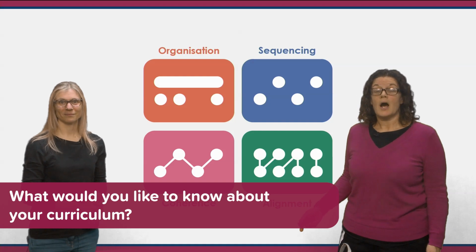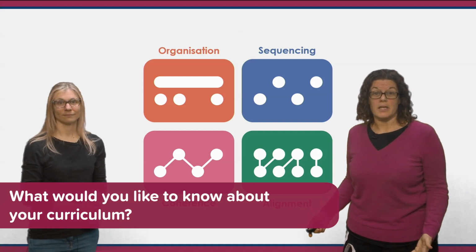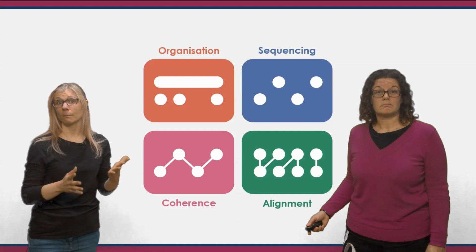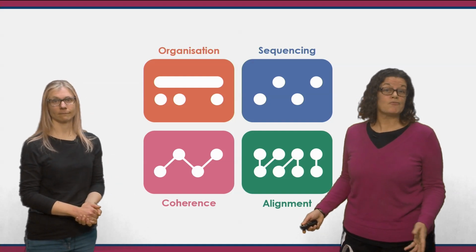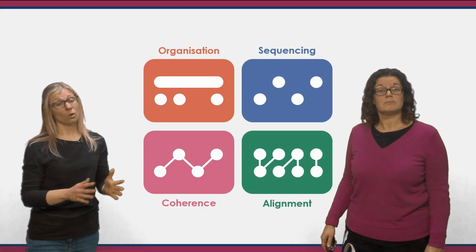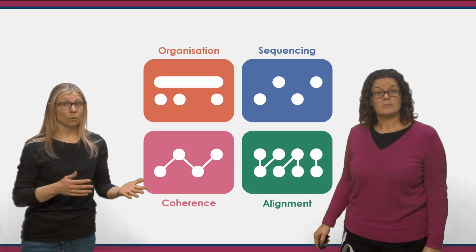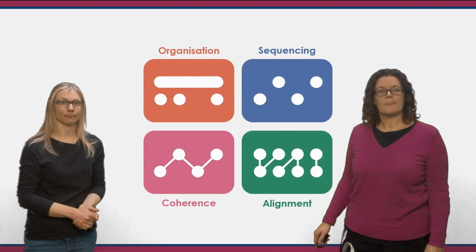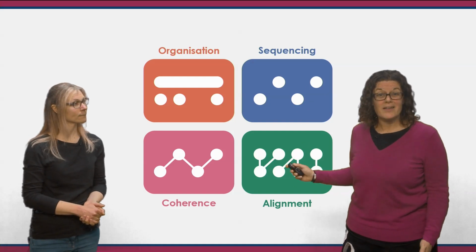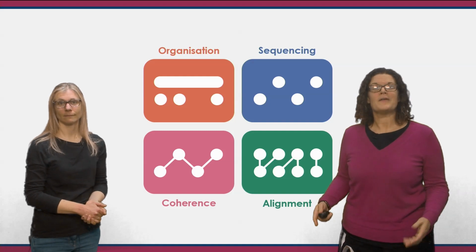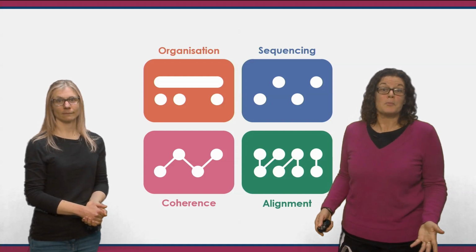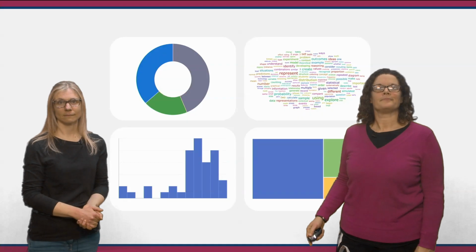For example, a focus on the organisation of the curriculum, or the sequencing of the mathematics within the curriculum. We could explore the coherence of any route that the learners are taking, or we could study the alignment within or across areas of that curriculum. Each of these foci can be highlighted, and an organisation might come to us with these questions ready formed, or they might emerge as points of interest from the process as we work together.